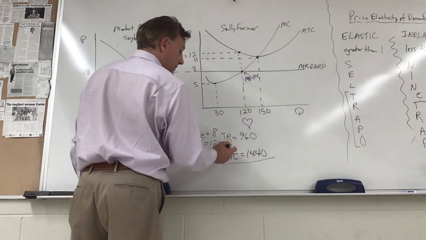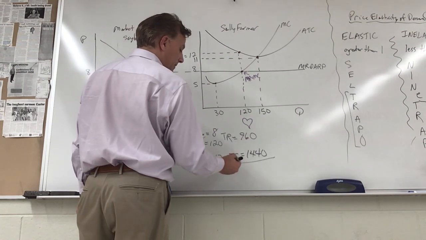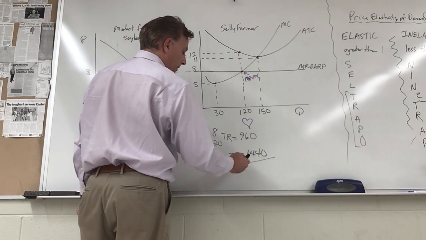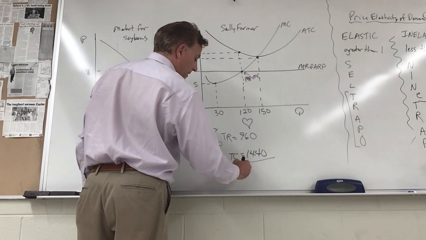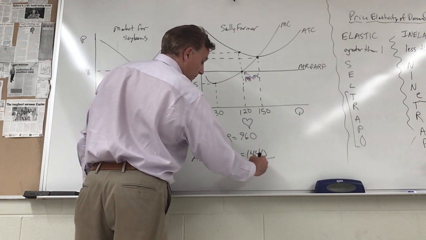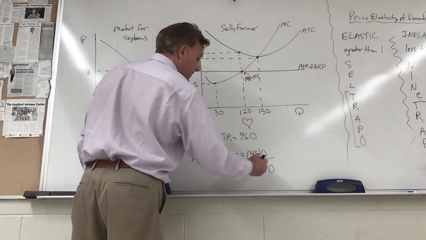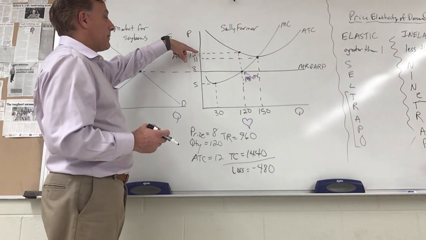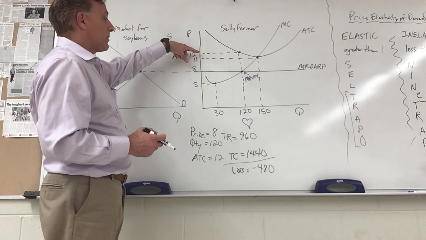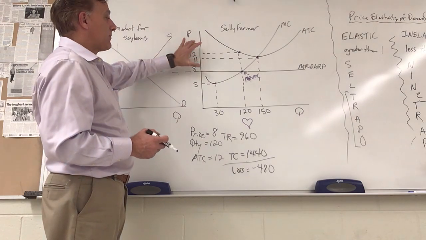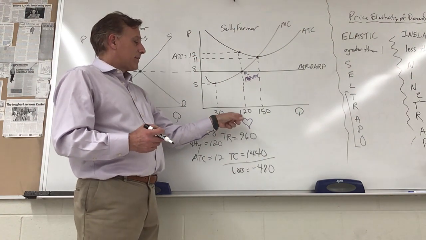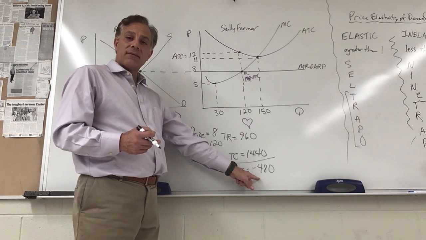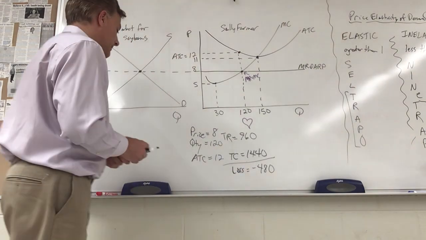Okay, well, this is bad news. 960 minus 1,440, total revenue minus total cost, I have a loss of $480. All right, and just to confirm that, my difference between average total cost and price is $4 times 120 is 480, so that matches up nicely.